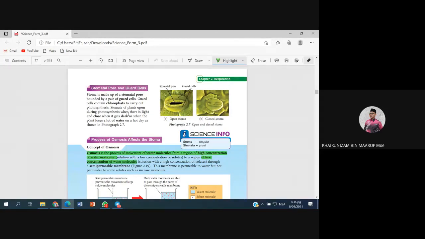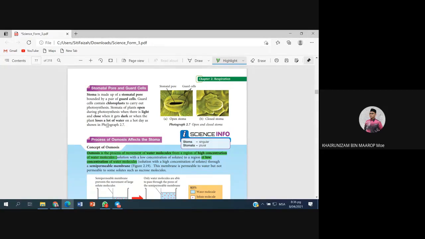So the glucose and the water will be decreases, so causes the cells to shrink. So sel itu akan menjadi kecil. Dia mengecil sebab dia tidak produce glucose and water.